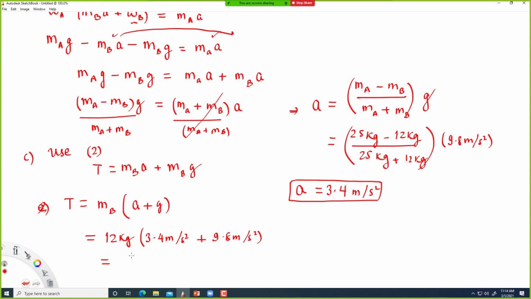When you do the calculation, you get 158.4. Tension is a force, so its unit should be Newtons. So that's number 5.